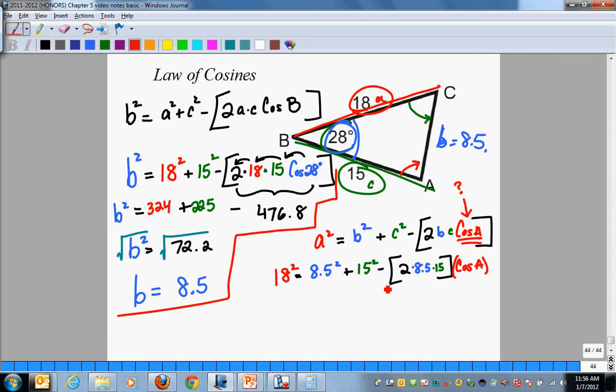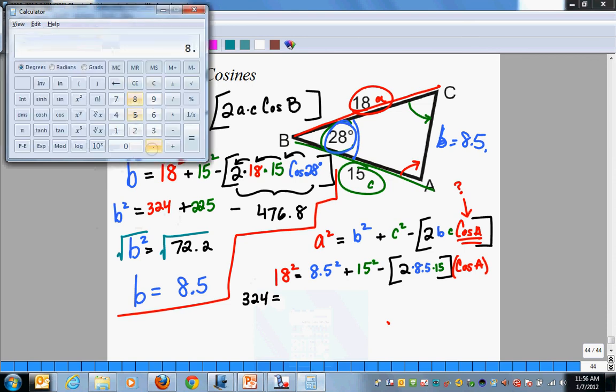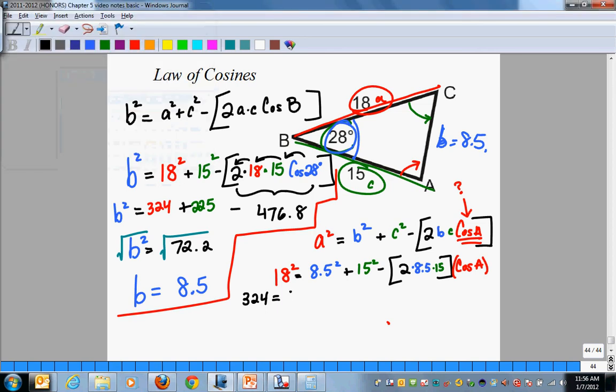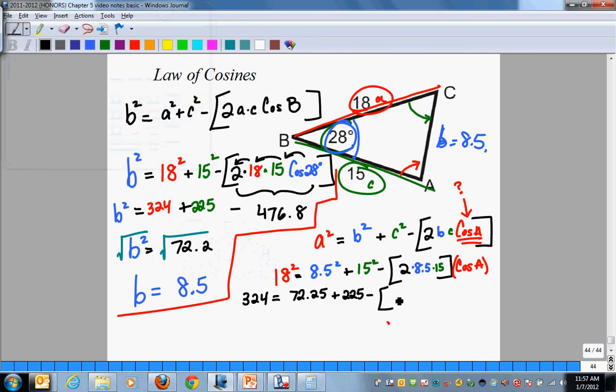Okay, let's do our number crunching first. We already did 18 times 18, so 18 times 18 over here is 324, 8.5 squared is 72.25, plus 225, minus, and then we're going to do here 2 times 8.5 times 15, that's going to be 255, times the cosine of angle A. These can add.